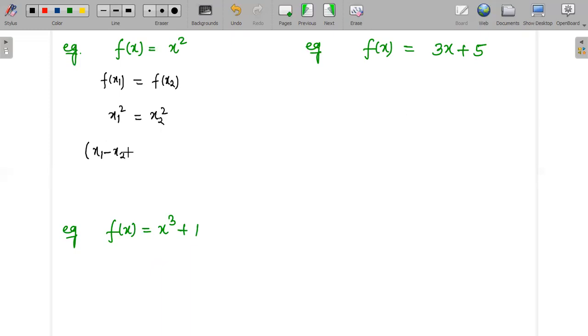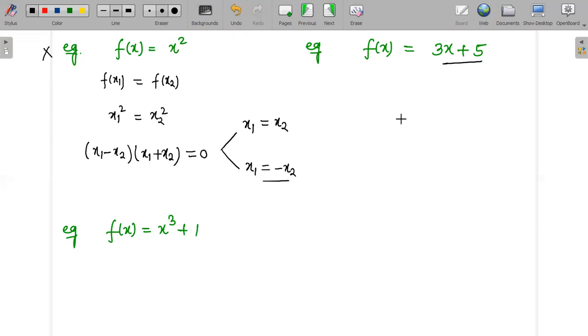I end up getting x1 minus x2, along with another linear expression, x1 plus x2, equals 0. Now I can comment that not only the relation x1 equals x2, but also x1 equals negative x2 is responsible for equalizing their outputs. Because of this, your function is not one-one.